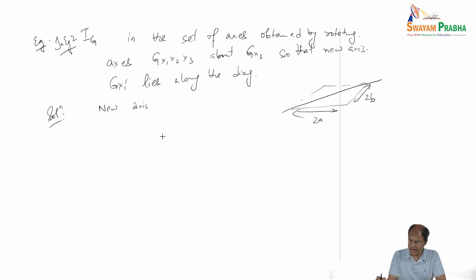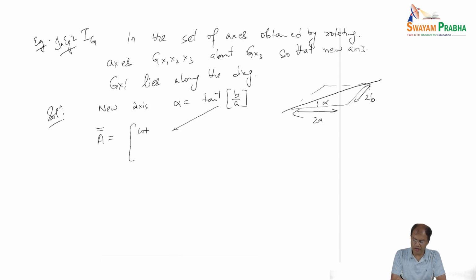The new axis makes an angle alpha equal to tan inverse b over a. My rotation transformation matrix will be cos alpha, sin alpha, 0; minus sin alpha, cos alpha, 0; 0, 0, 1.